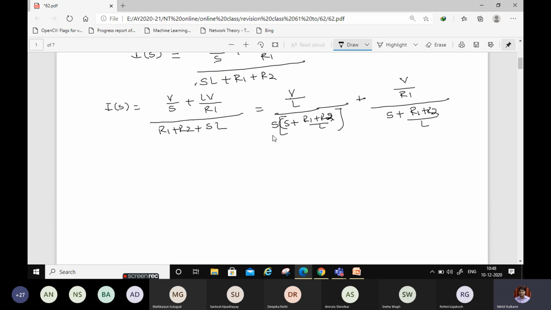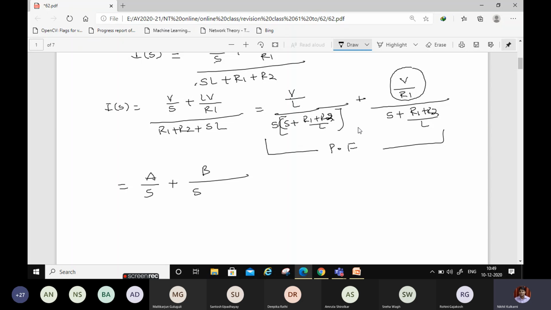Yes, sir. So this part we can solve now by partial fractions. That will be equal to A by S. How many terms are there? This S is there, so you can take it outside. Then plus B divided by S plus R1 plus R2 divided by L. See, what we have now is V upon R1, a term which is like a constant, so this entire term you can neglect.